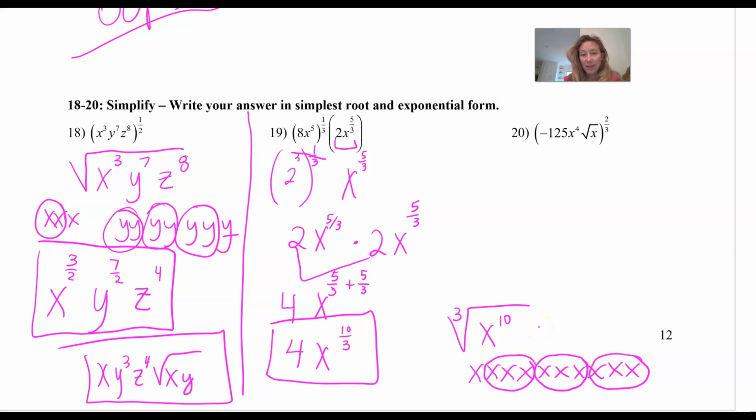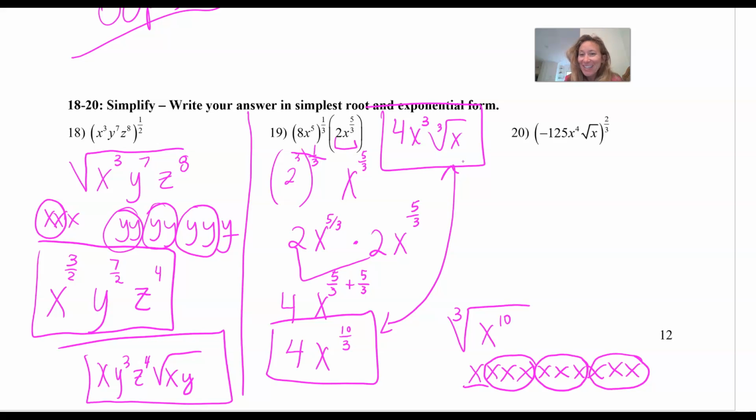So that means that it would simplify as 4 x to the 3rd power, and then the 3rd root of x to the 1st power. So these are the 2 answers.